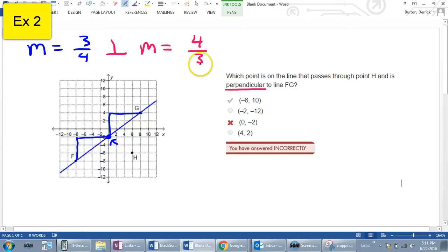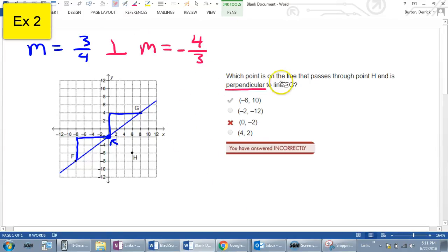So we've done the reciprocal, but if the first one is positive, then the perpendicular one has to be negative. So I know I'm dealing with a negative 4 over 3, which again, at a glance, means that it should be going downhill.